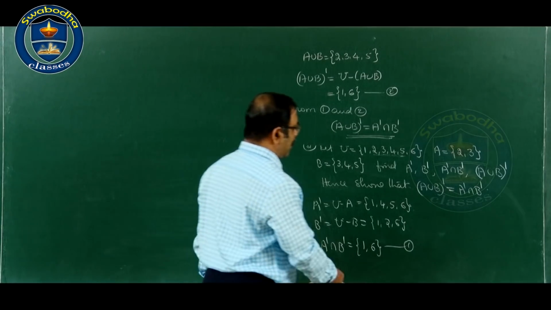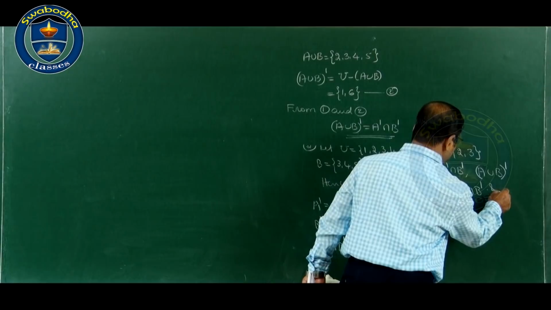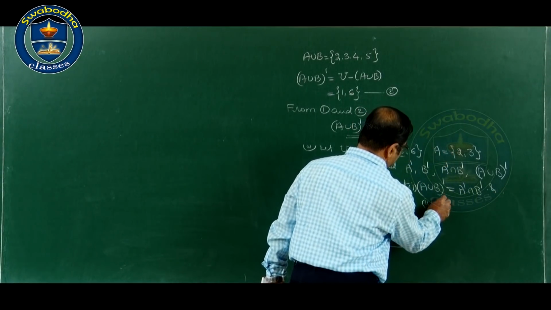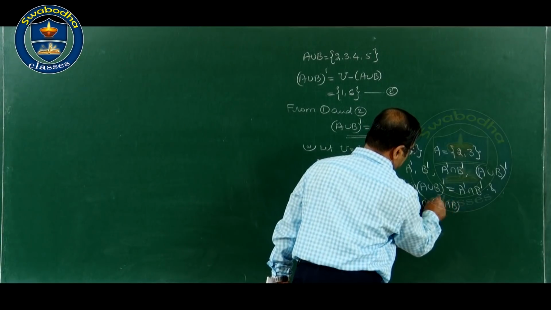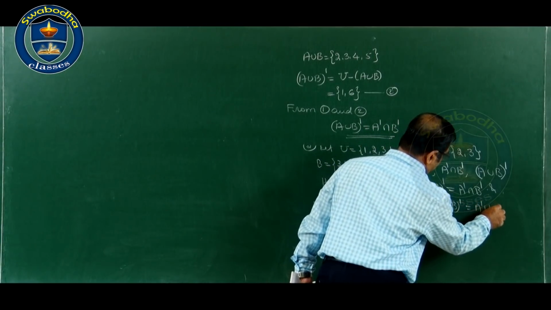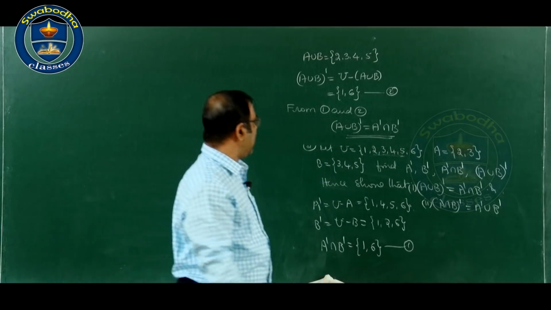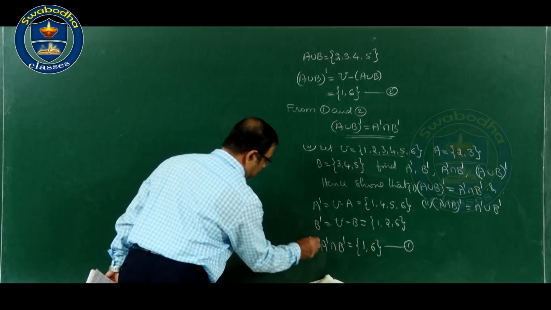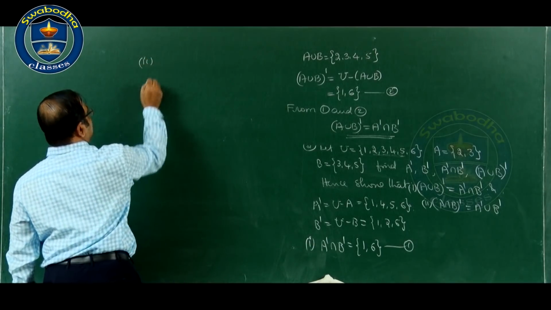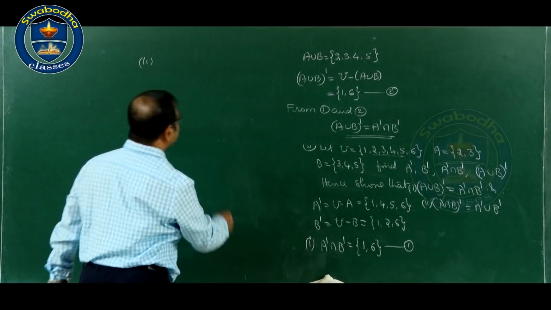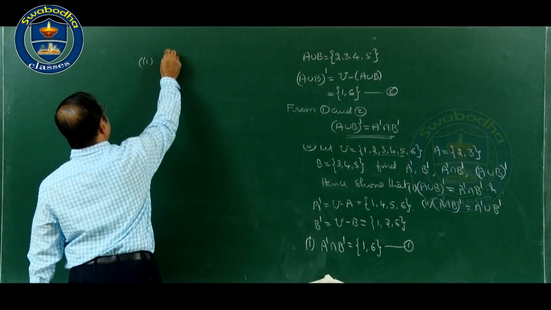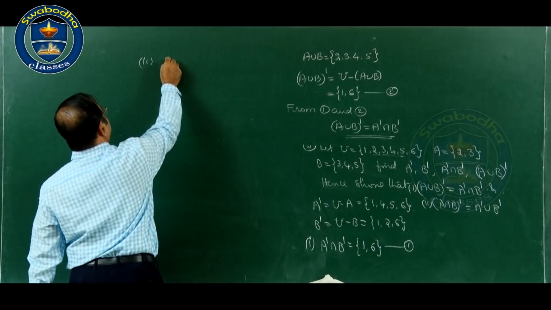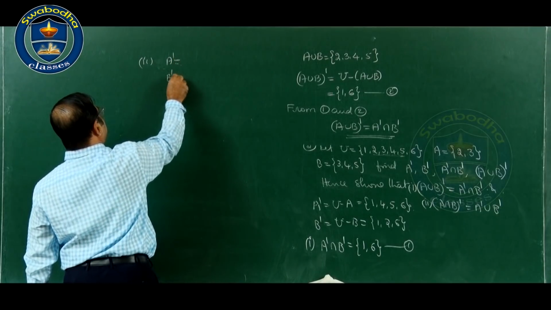I can also verify one more. The second one is A intersection B complement equals A complement union B complement. I can verify this also. Now I will write the second. Here we have A complement and B complement.